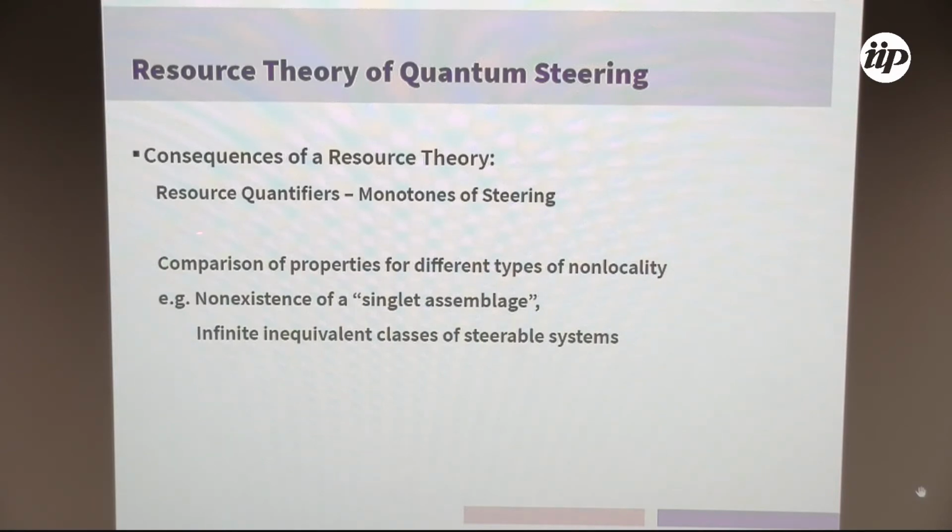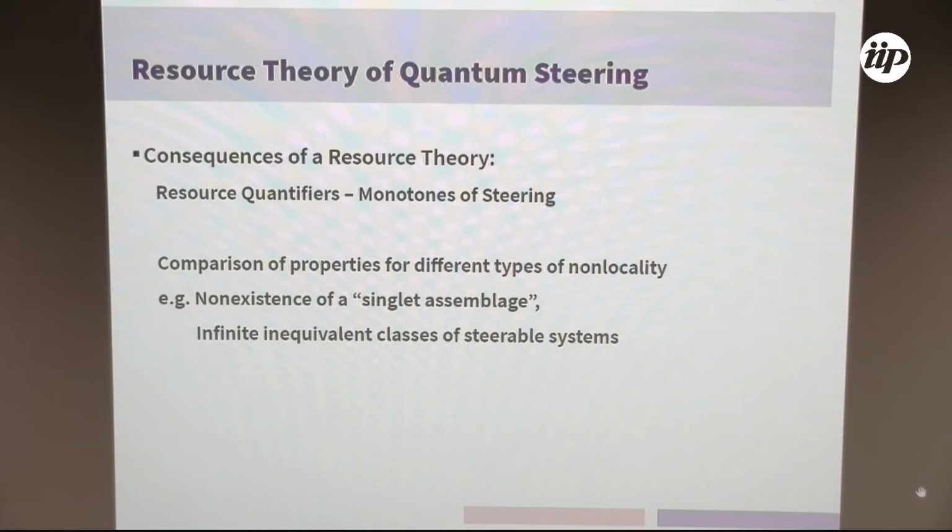And also we can compare the different types of non-locality, and some of the results that were presented in that work from Olita and Gallego was the notion that a singlet assemblage is not well defined for quantum steering, so we don't have the same type of notion that you have a maximally entangled quantum state, and then you can, by performing the free operations, reach any other quantum state.